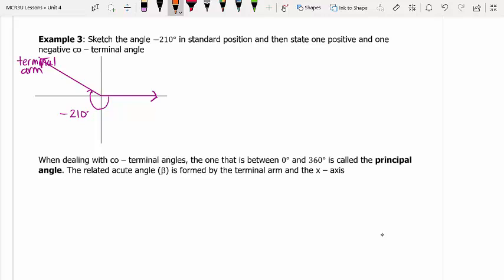So a good one to pick would be starting here and ending here. Okay, and we'll call that angle A. So angle A is going to be equal to 360 minus the magnitude of our angle in standard position, right? 'Cause it's what's left over. So an example of a positive coterminal angle is 150 degrees.